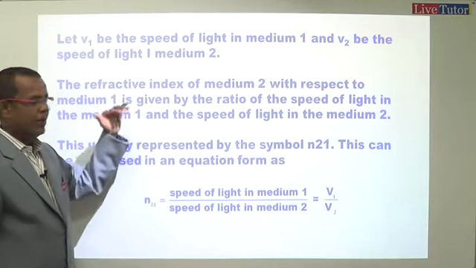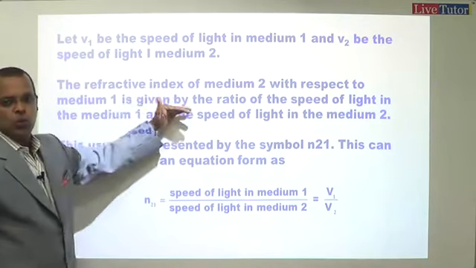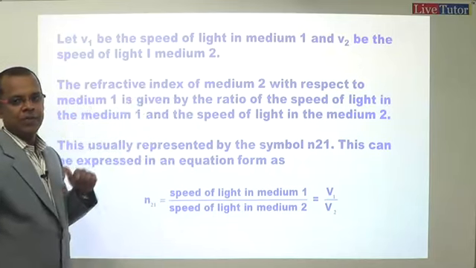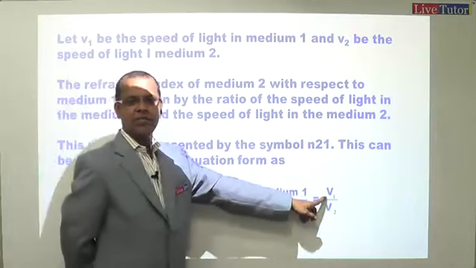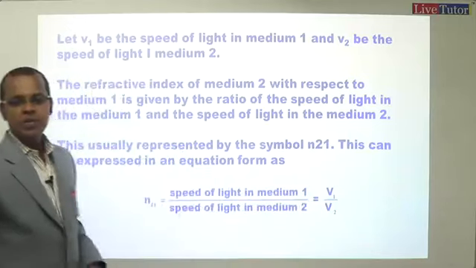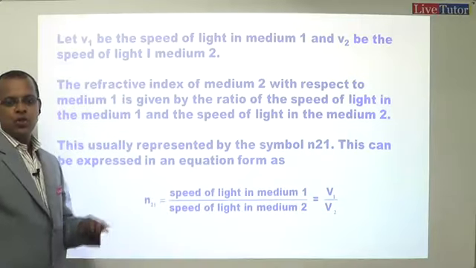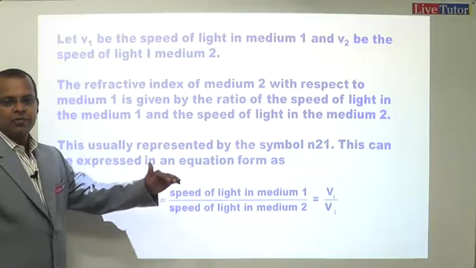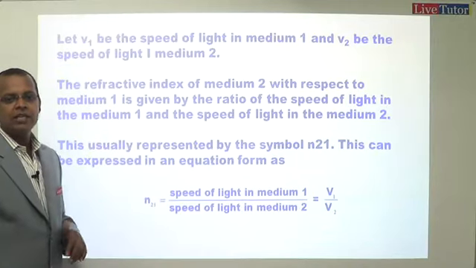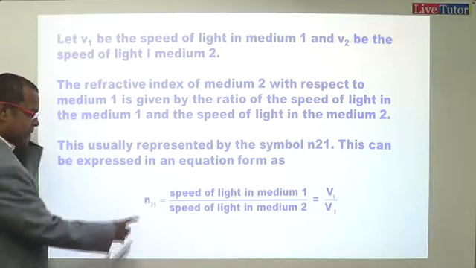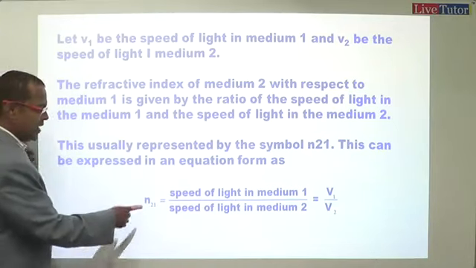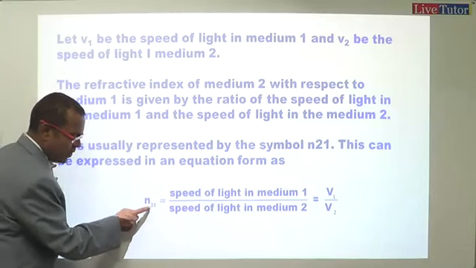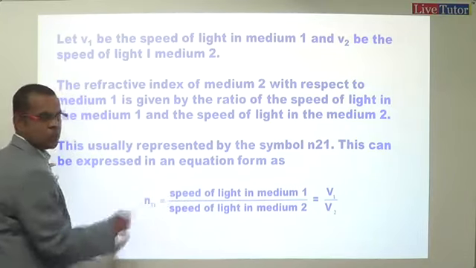So, the refractive index of medium 2 with respect to the first medium is given by the ratio of the speed of light in the first medium to the speed of light in the second medium. And it is usually expressed as n21, because we are giving the ratio of the second one with respect to the first.